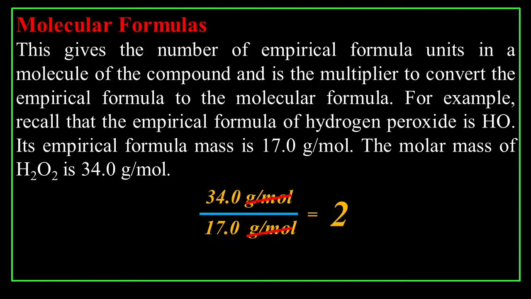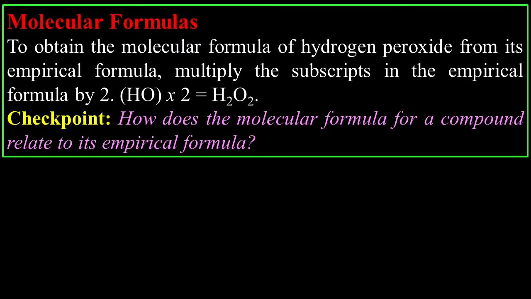So I say 34 grams per mole divided by 17 grams per mole equals 2. So it's HO multiplied by 2, which is H2O2. To obtain the molecular formula of hydrogen peroxide from its empirical formula, multiply the subscripts in the empirical formula by 2. One is understood for hydrogen, one is understood for oxygen. Multiply each one by 2, you get H2O2.